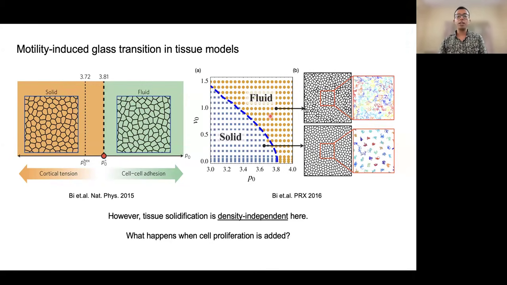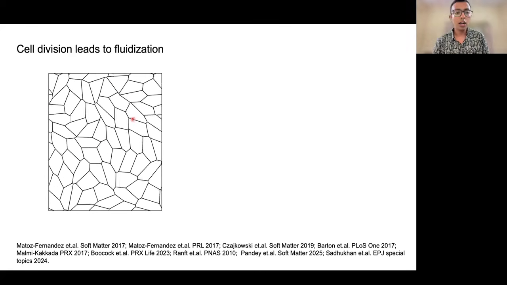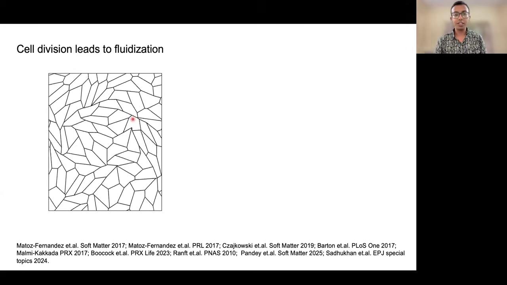But as I have shown you, in most of these experiments you have a proliferating tissue, which means the cell density is constantly changing. And the question then is, does this result survive if you allow the density to change? What I'm showing you is a simulation of the Vertex model in the presence of cell proliferation.